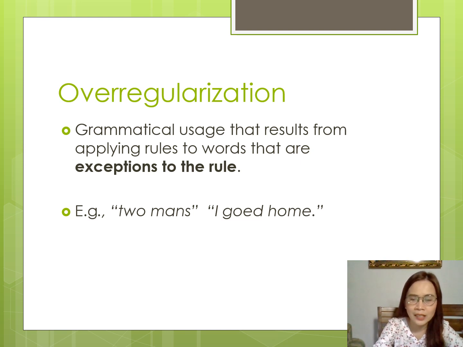Okay pa rin na ganito yung pagsasalita nila kasi nga ibig sabihin naintindihan na nila na dapat kapag marami, lalagyan mo ng s, kapag past tense, lalagyan mo ng ed. Yun nga lang na over regularize, kasi hindi pa nila alam yung mga irregular noun, irregular verbs na tinatawag. But this is a good sign na papunta na sila doon.